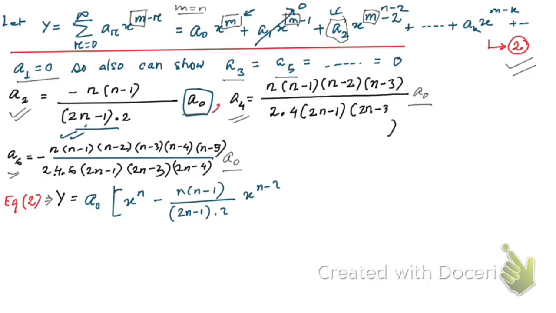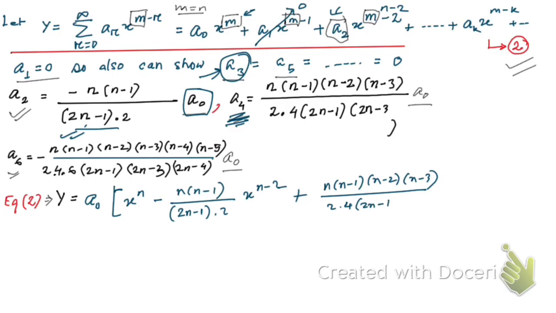Okay, similarly if you put a3 is equal to 0, x3 will be equal to 0. Now let's put a4. So n into n minus 1, n minus 2, n minus 3 by 2 into 4, twice n minus 1, twice n minus 3, right?